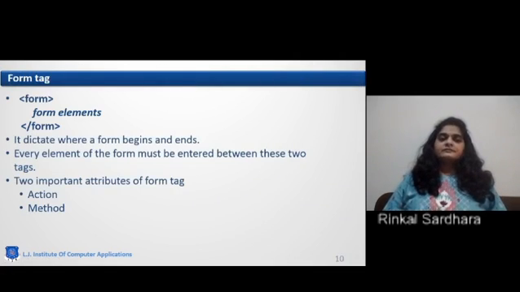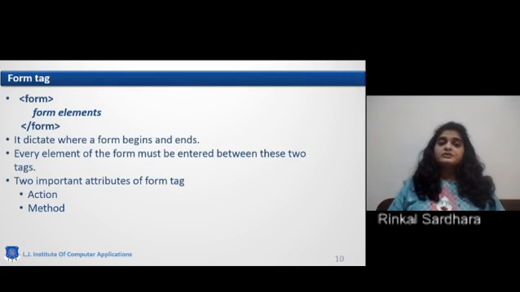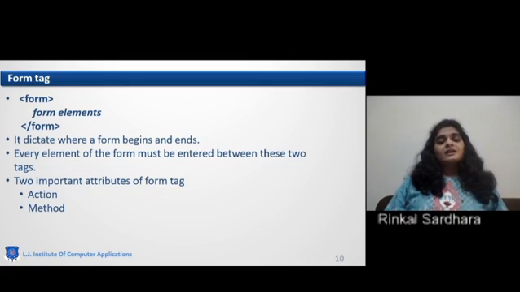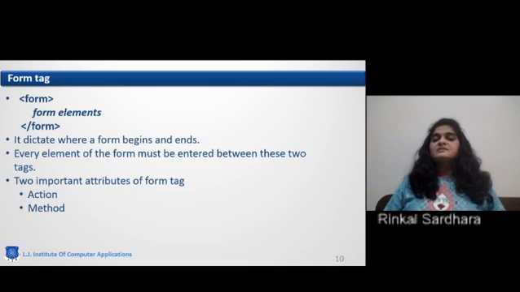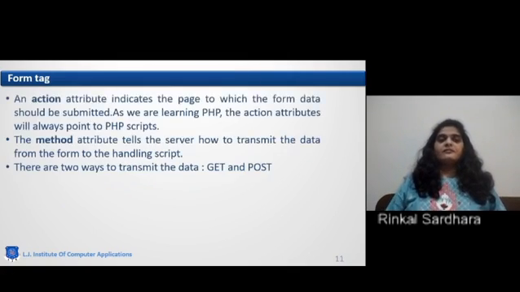Next is the form tag. The form tag is a very important tag. It dictates where a form begins and ends. Every element of the form must be entered between these two tags. That is, whichever controls we have discussed until now, all those controls you can put in the form tag. The form tag has two important attributes, that is action and method. An action attribute indicates the page to which the form data should be submitted.